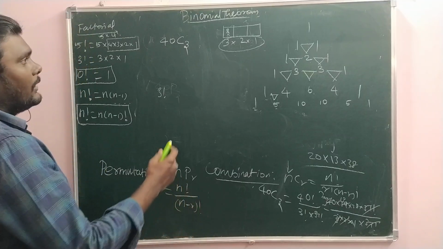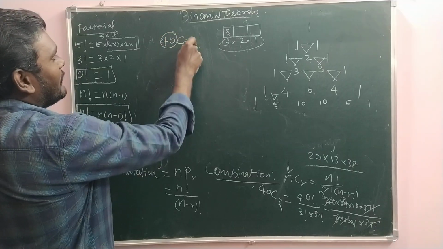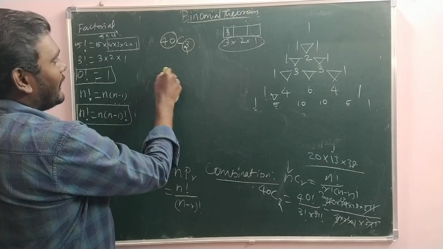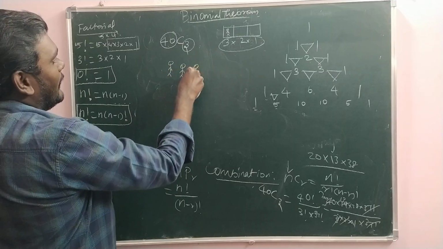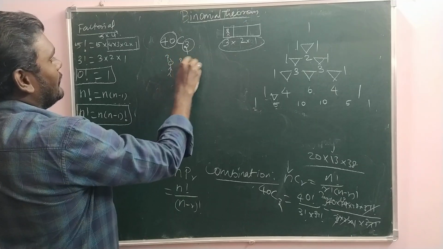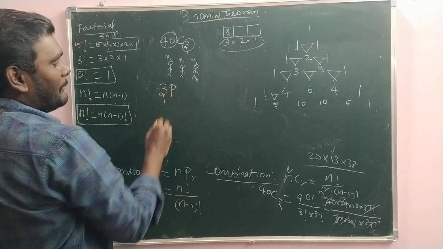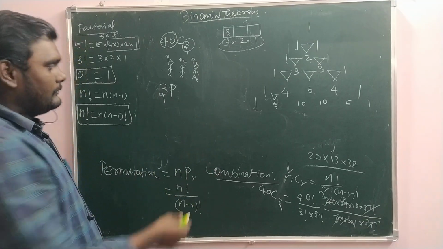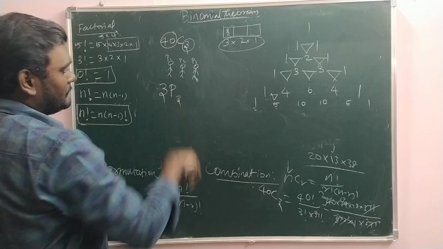So here 40 persons are available, I am taking 3, so 40C3. After taking these, the 3 persons are standing. I am going to arrange them: person 1, person 2, person 3. I am permutating, I mean rearranging them. How many persons am I taking at a time? 3 persons.